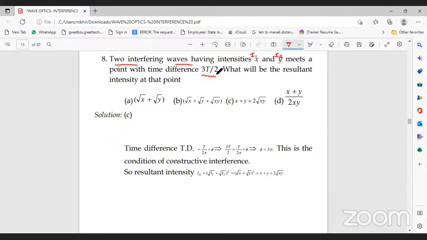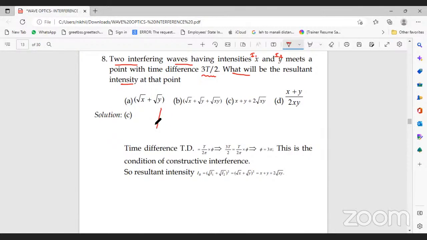What will be the resultant intensity for a time difference of 3T by 2?